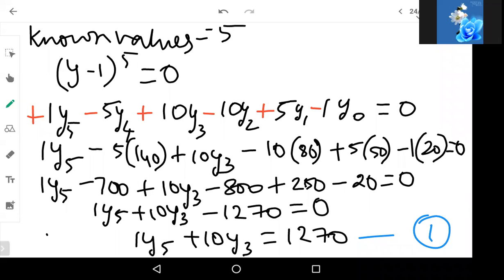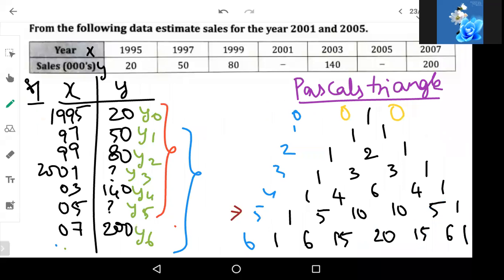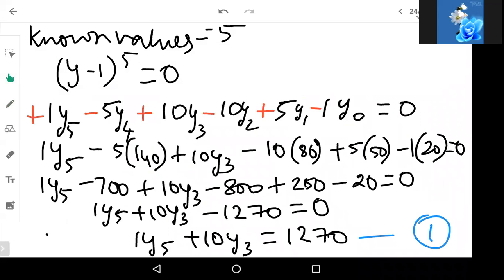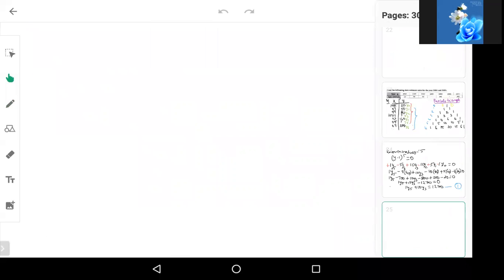Now let us go for the second equation. To solve the second equation, we have to take the second set, leaving the first one, so from y1 to y6. Now again, let us write a note.